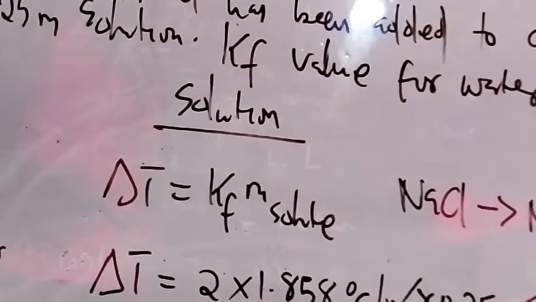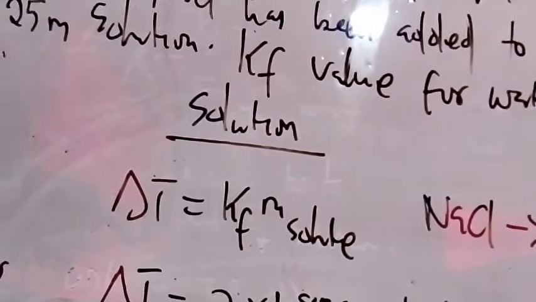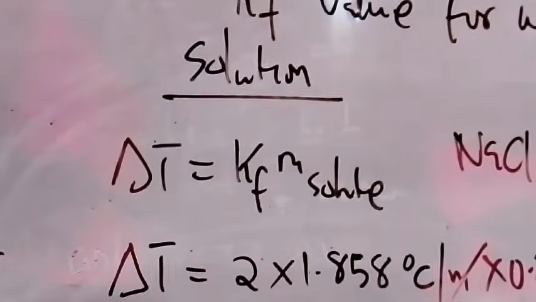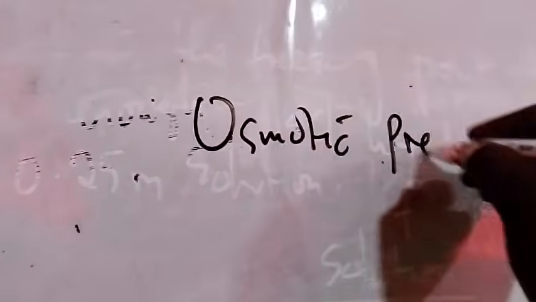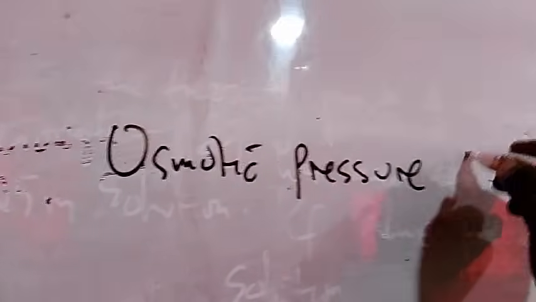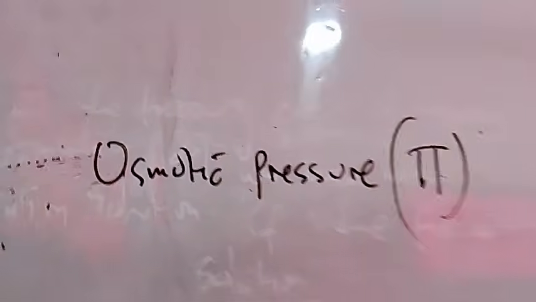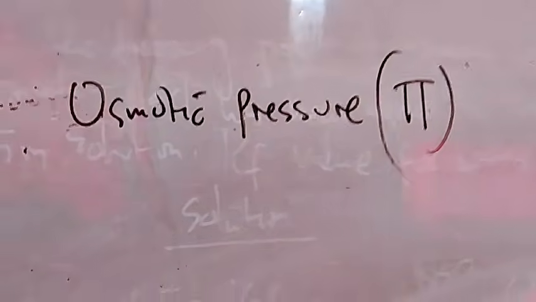Okay, so we can now look at osmotic pressure. Osmotic pressure is given the symbol pi.